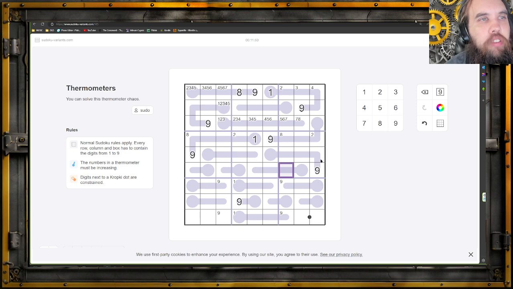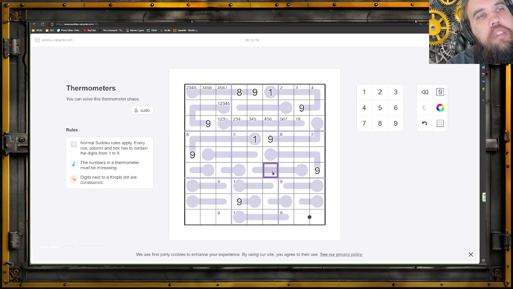Then you basically make it so that it can't be that. There's also something called a bent triple, which is kind of like the same thing as the X-wing, where if I can get these to the same 3, 1, 2, 3, then this couldn't be either one of those 3 because it sees all of them.